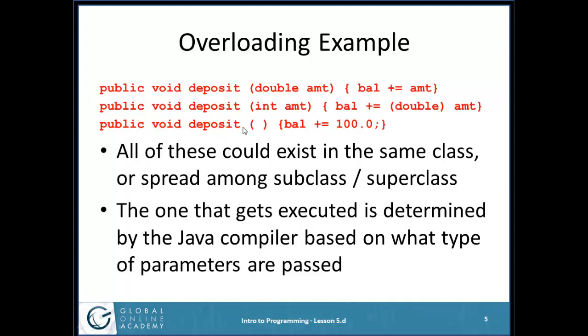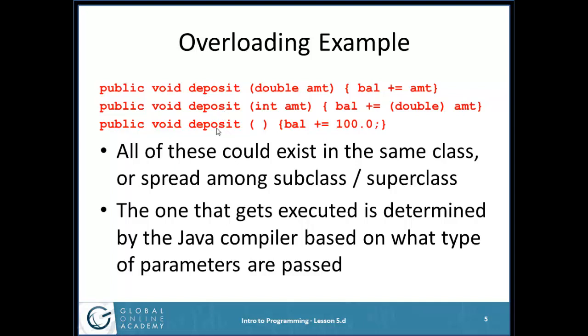And let's say I have a deposit that doesn't take any parameters whatsoever, and in that case it always adds 100. Maybe the default deposit is $100. All of these could exist in the same class. There's no problem having a deposit and another deposit and another deposit all in the same class as long as the signatures are different. Or they could be spread among the subclass and the superclass.